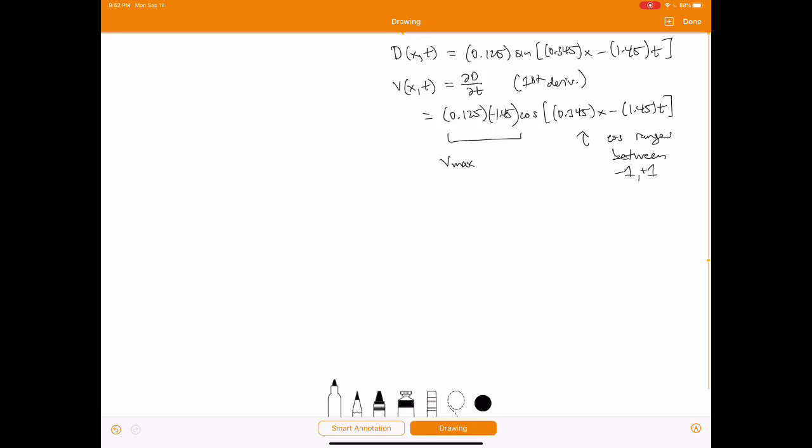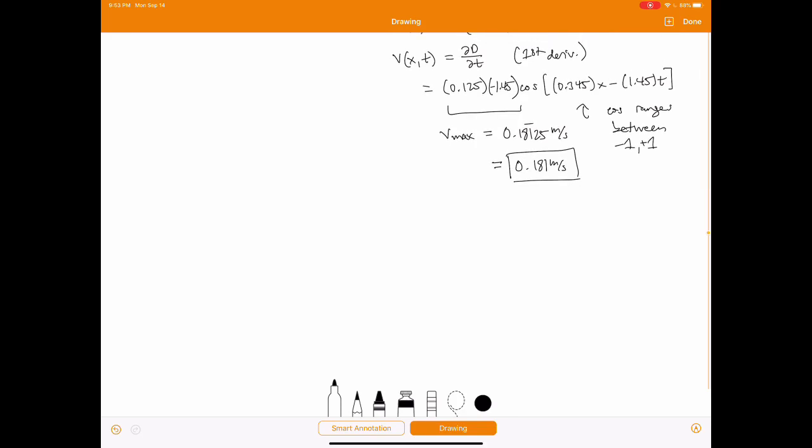And if you calculate what Vmax is, 0.125 times 1.45, you're going to get 0.18125 meters per second, keeping 3 sig figs, 0.181 meters per second. So, in other words, as the string moves up and down, the highest speed that it will attain is this, 0.181 meters per second.